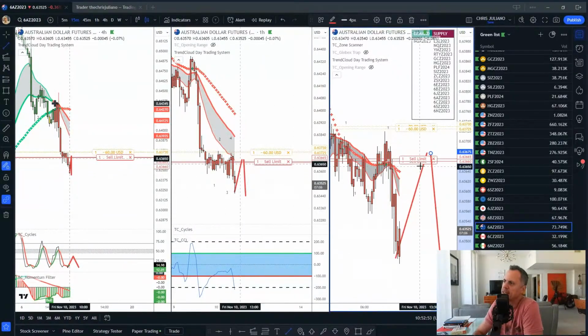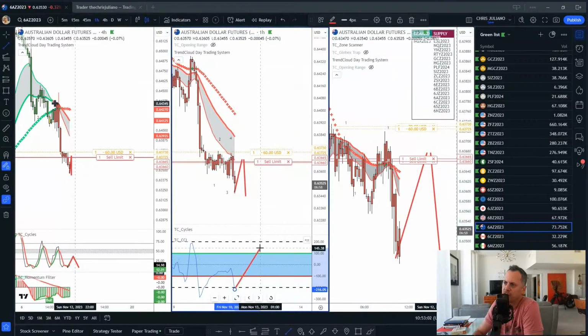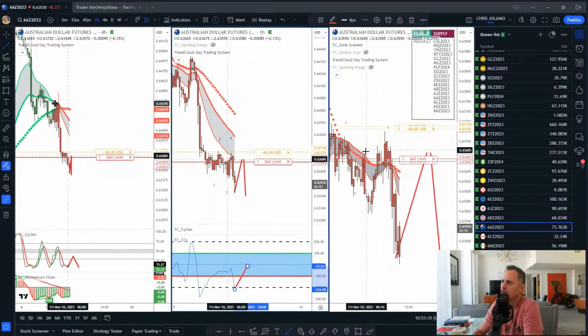When this pullback takes place into this supply zone, as long as we don't break above positive 100, we're fine. Green light to take this short. We've got the green light to take this supply zone short because this is telling us that we can, right?